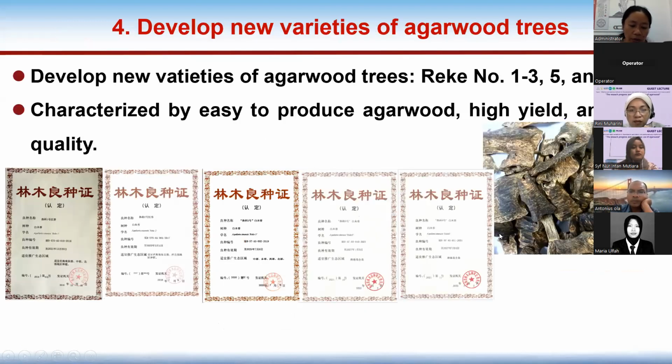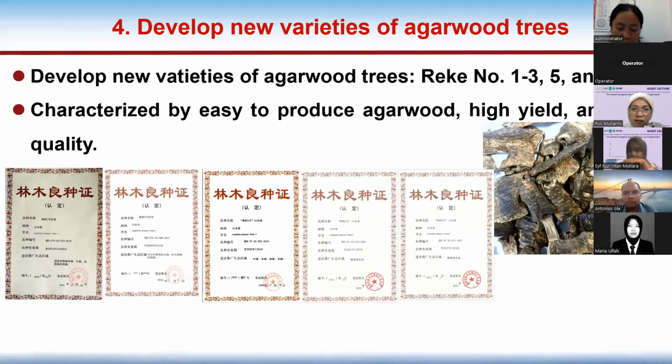And now we already know the difference between normal quality agarwood and high quality agarwood, which we call Qinan. Actually, we find that Qinan production is related to the variety of the trees. Some Aquilaria sinensis can produce Qinan agarwood, but some just produce normal agarwood.